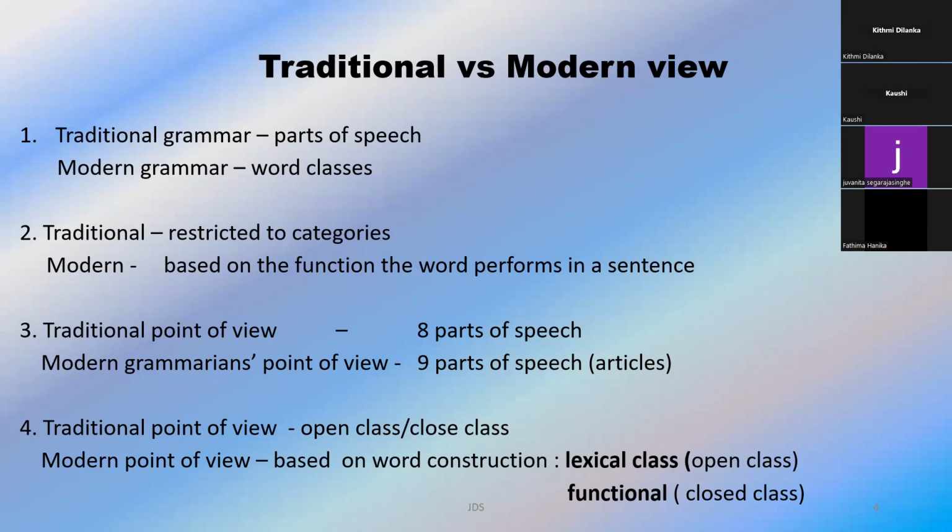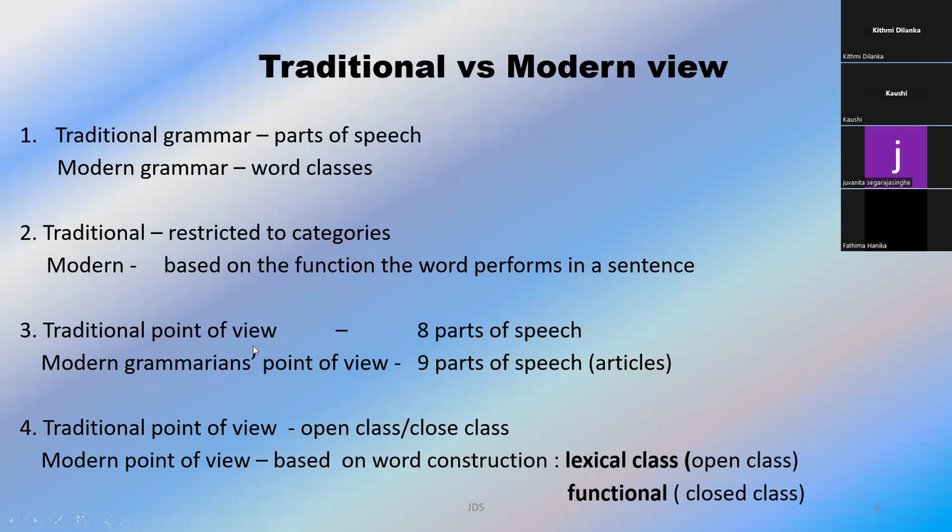Mainly when it comes to pronouns and adjectives, you have this kind of complexity, not with the other words. Right? So that is the second difference. Traditionally speaking, restricted categories are there. Words are always restricted to one particular category. But the modern view allows words to get interchanged or to fall under different categories at the same time.